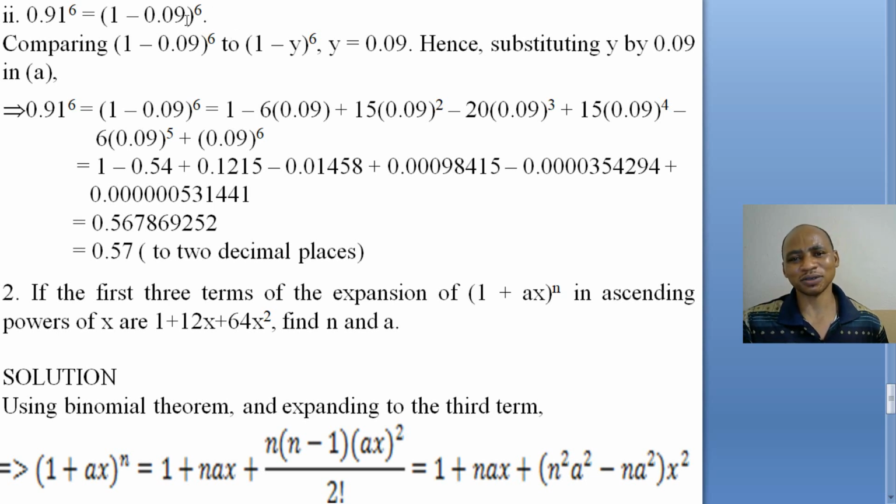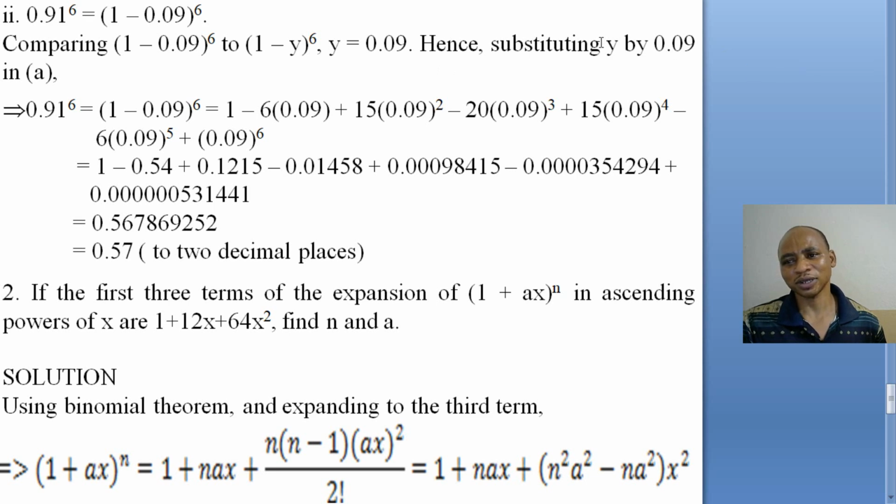And with this, we will end up getting 0.91 raised to the power 6 being equal to (1 minus 0.09) all raised to the power 6. Now comparing (1 minus 0.09) all raised to the power 6 to (1 minus y) raised to the power 6, it will mean y is equal to 0.09.